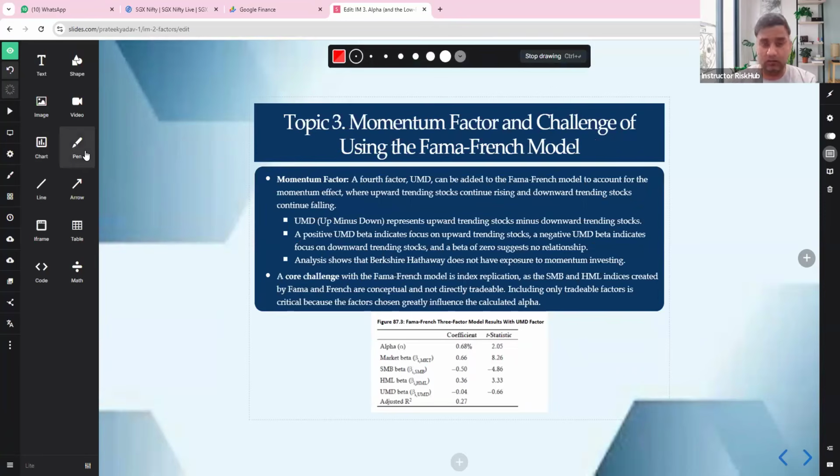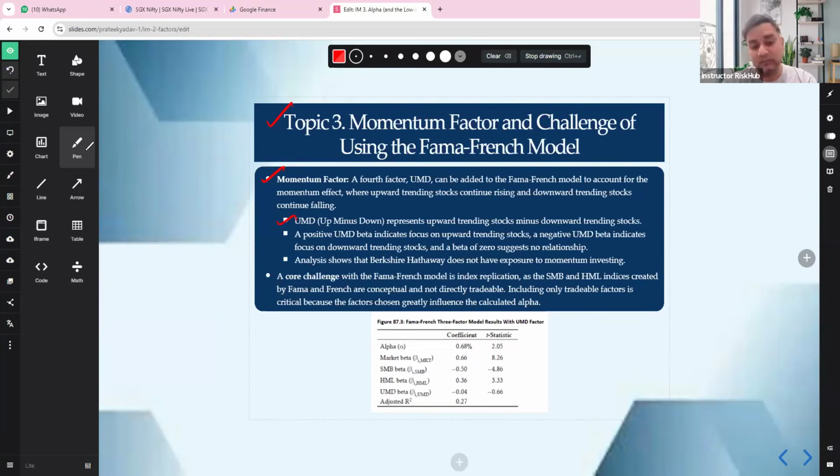Then we go into topic number 3, which is the momentum factor and challenges of using the Fama French model. When we talk about the momentum factor, please understand UMD, which is up minus down: long winners, short losers, capturing trend-following behavior. You can think of it as positive beta, momentum strategy; negative beta, contrarian strategy.